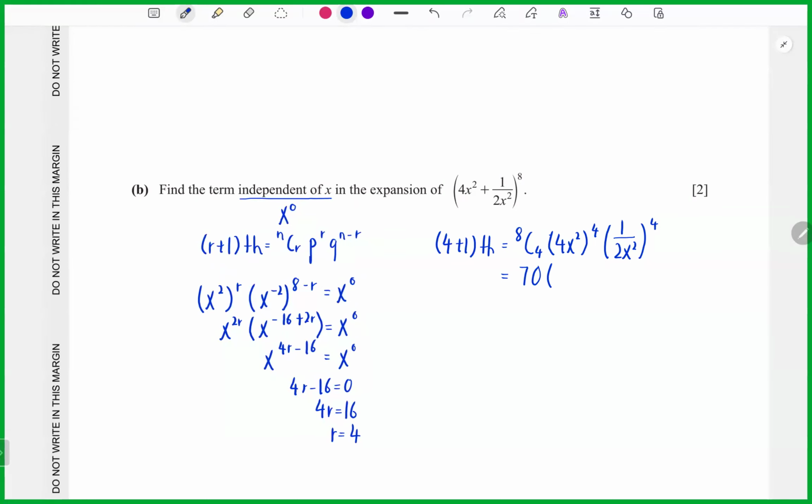Bracket 4, 256 x power 8, and then here 1 over 16 x power 8. So you can try to cancel here: 70 multiply 256 multiply 1 over 16. So you will get the answer equals 1120. Okay, so this is your answer here.